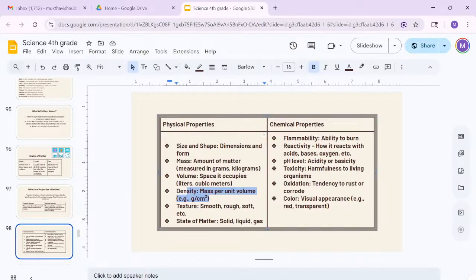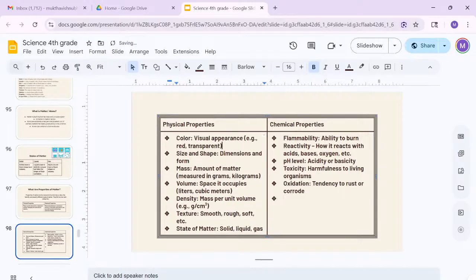Some chemical properties are flammability, which is basically the ability to burn; reactivity, how it reacts with acids, bases, oxygen, etc.; and pH level, which is basically how acidic or basic it is.